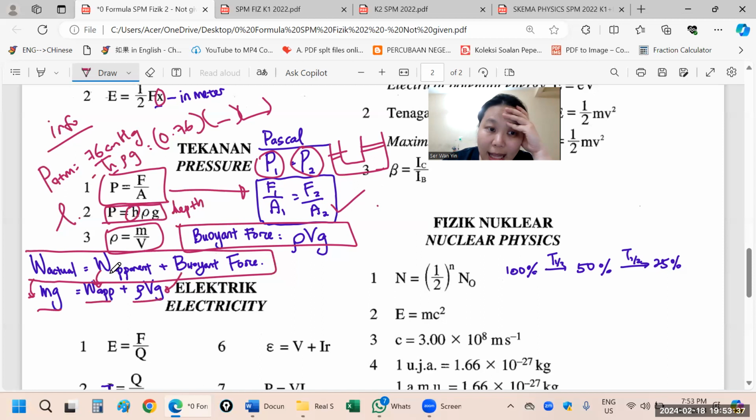Okay, Archimedes' principle, Pascal's principle. Actually for principles, there are only three: Pascal, Archimedes, and Bernoulli. Bernoulli means velocity of air fast, pressure of air lower. So, the aerofoil, something like that.